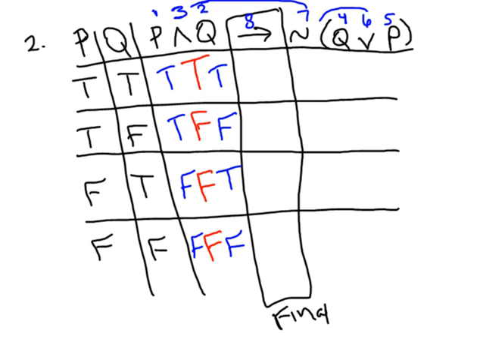Okay, I'm going to move back to my blue pen and do the right side. Column 4 is Q, and that would be true, false, true, false. Column 5 is P, so that's going to be true, true, false, false. Then column 6 is the OR column.